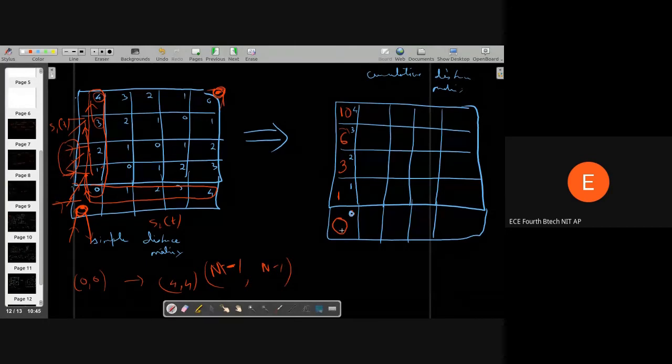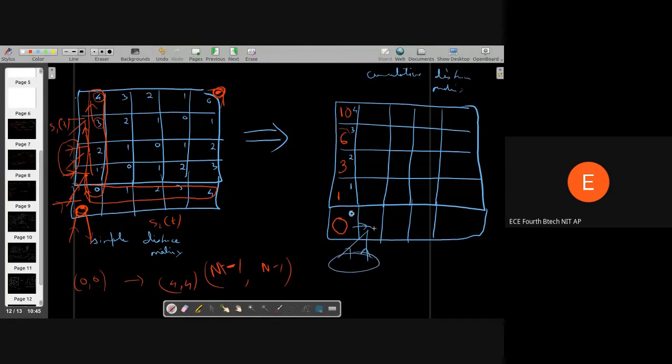Now let's do the same for this part. So again, to reach this, you have this. These are not available. Only this path is available. So here again 0, 1, 2, 3, 4.